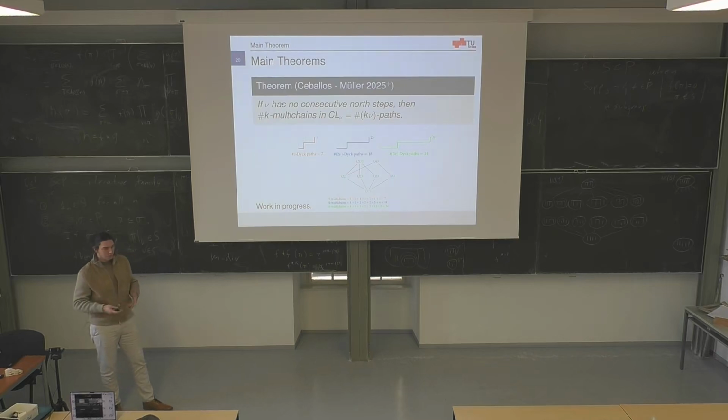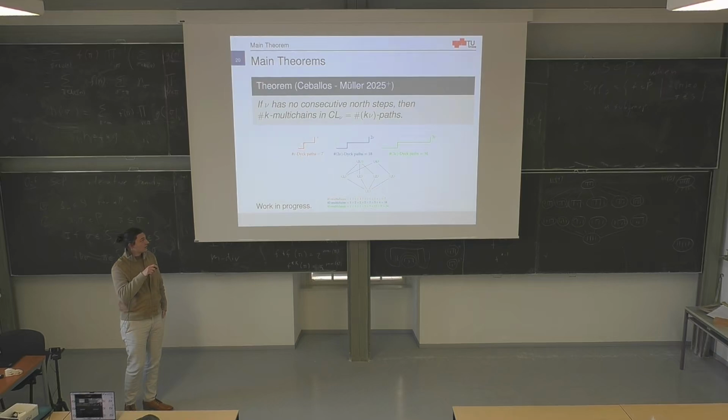I'm only multiplying the appearance of east steps. So in my original nu, I had 1 and 2 east steps. Then 2 nu is going to have 2 east steps and 4 east steps, and 3 nu is going to have 3 east steps and 6.